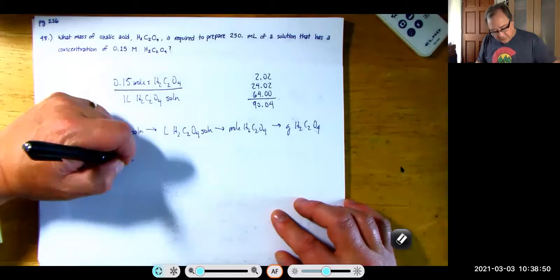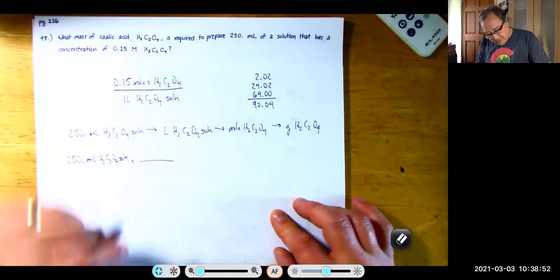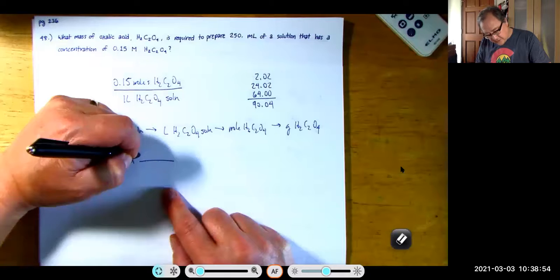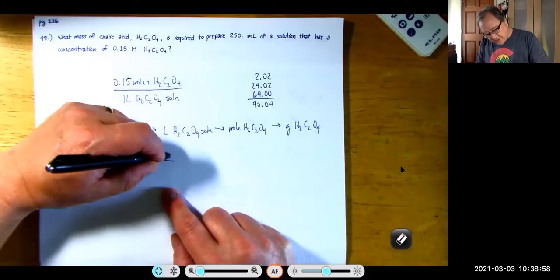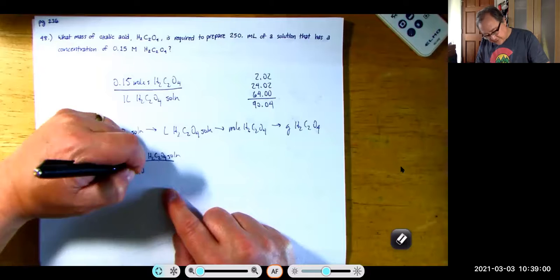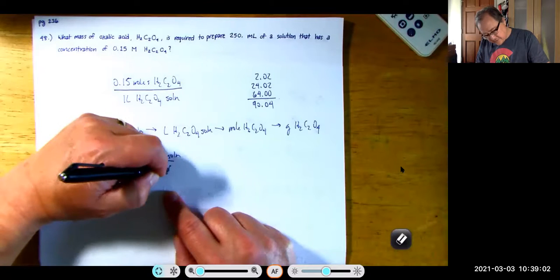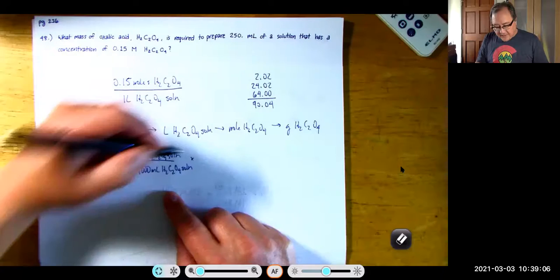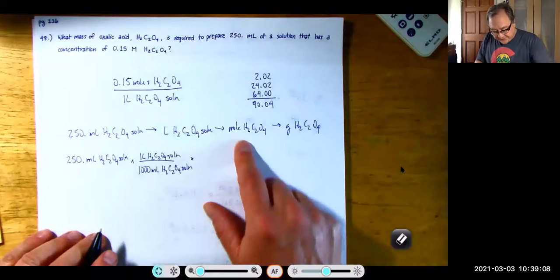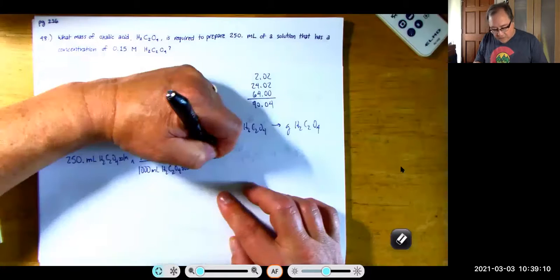So there's the first part. And now I'm going to multiply by 1 liter per 1,000 milliliters. Then I'm going to multiply by this. Now, what am I going to put where?